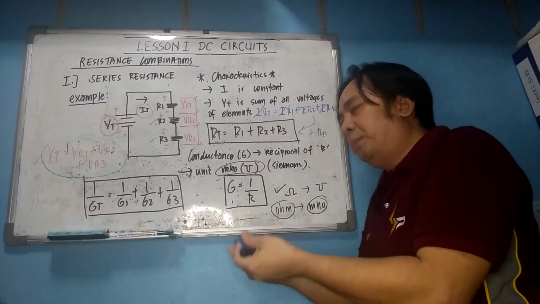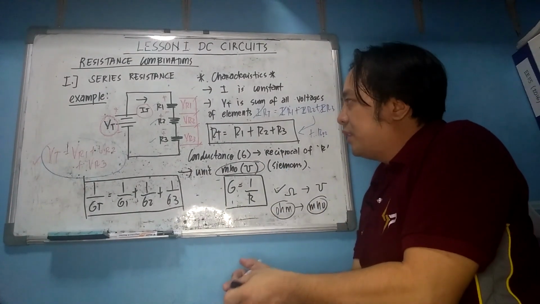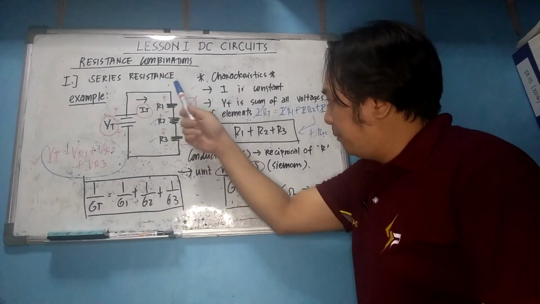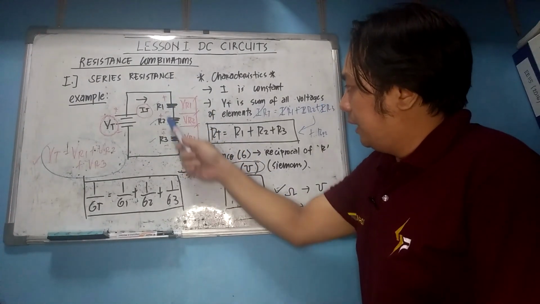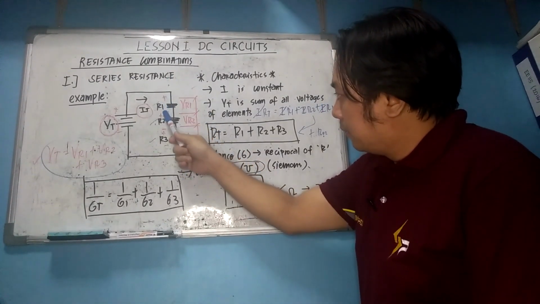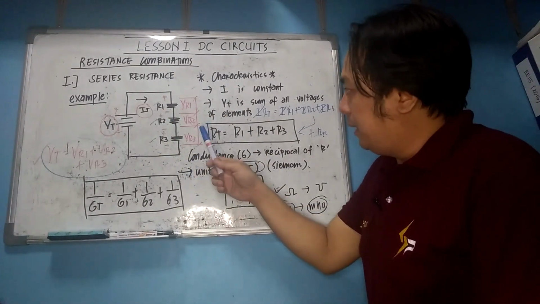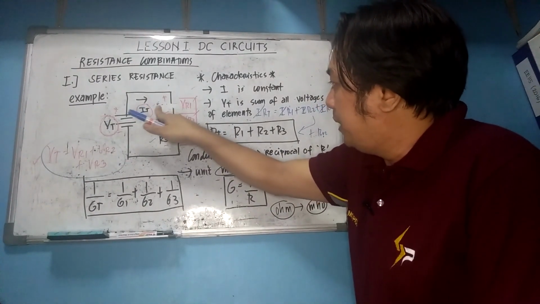Now, how can you determine if the combination is in series? It's very obvious here, because it's like you have a string of resistances, R1 and R2, R3, and they're connected in a straightforward path. So it means that if one of the resistors here is open, the current will be zero.